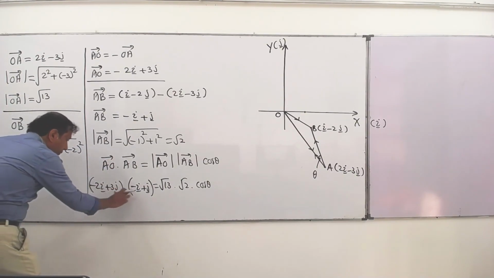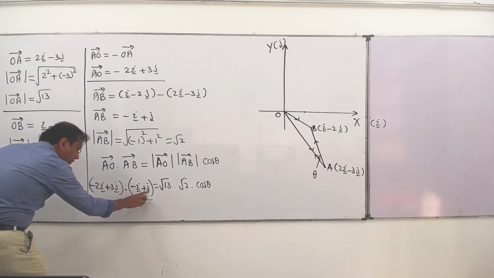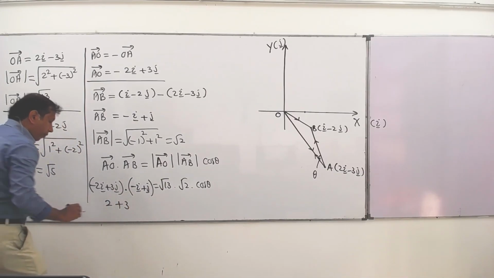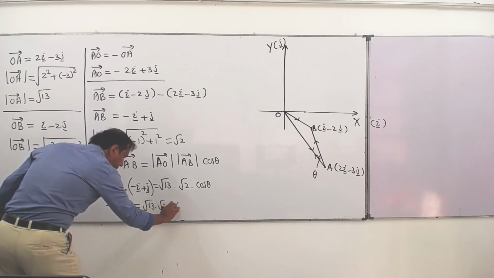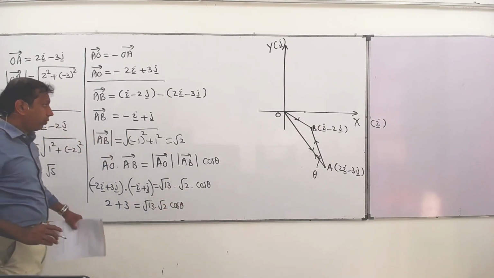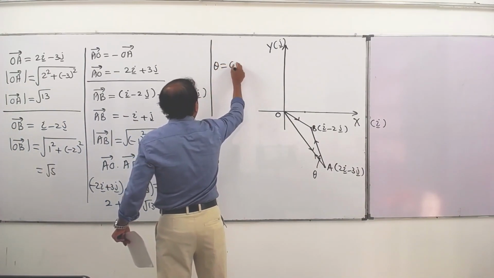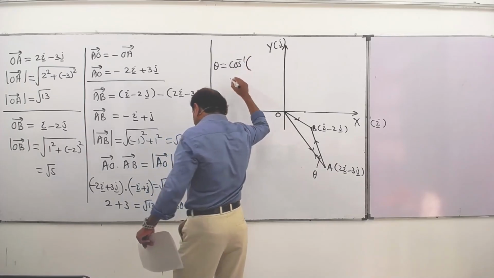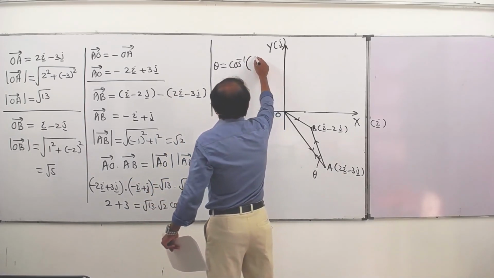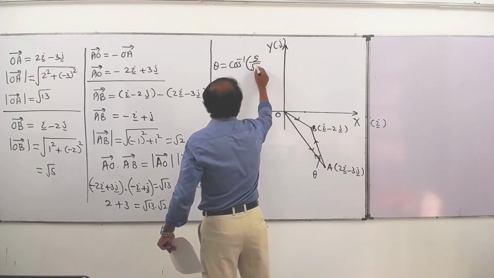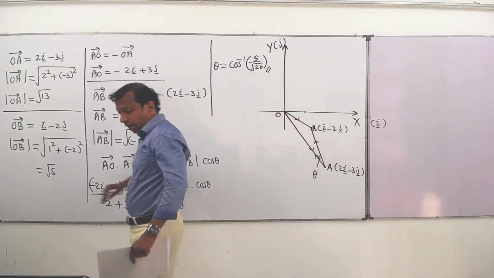Minus 2 into minus 1 is 2, and 3 into 1 is 3, so 5 equals root 13 root 2 cos theta. By this you can find cos theta. Theta is equal to cos inverse of 5 over root 26. We get the angle.